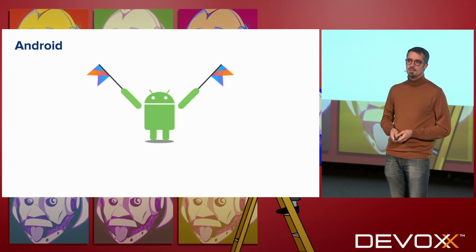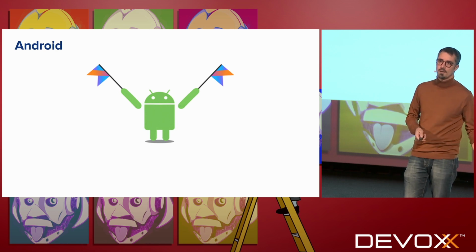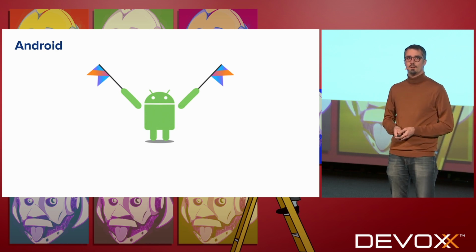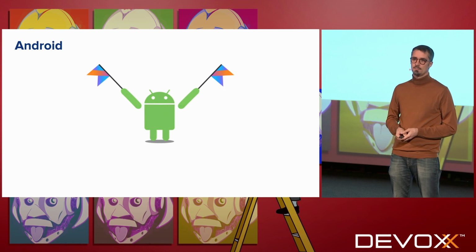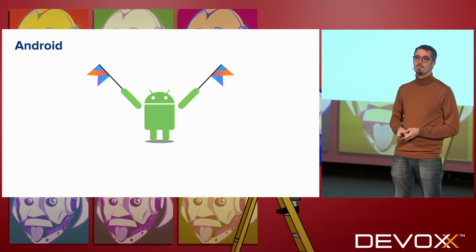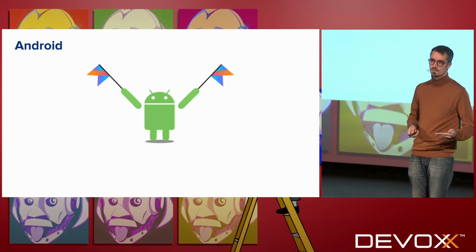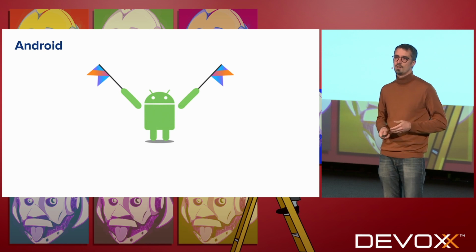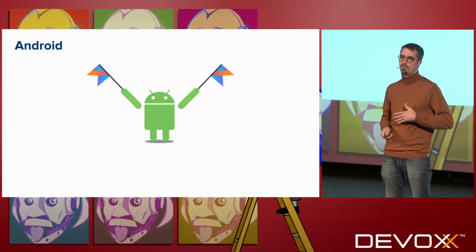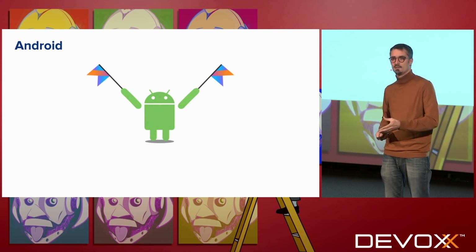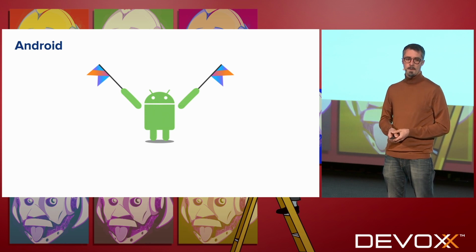The Android community has switched from Java to Kotlin in a very short amount of time. I think nowadays the majority of Android applications are developed in Kotlin. Android is now Kotlin first, so that means that Google is developing features for Kotlin first, and then it's available for Java.